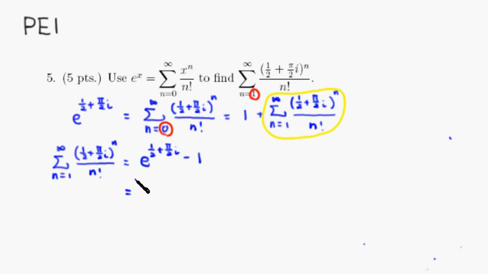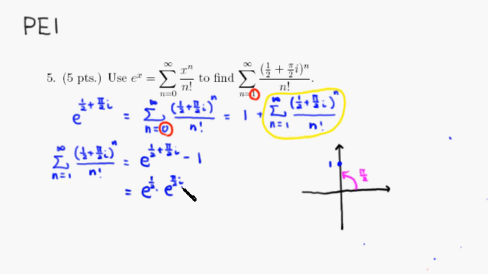This is the same as e to the 1/2 times e to the i pi over 2. If you were to draw a picture, what's e to the i pi over 2? You can see that the angle is pi over 2, so the angle is 90 degrees, and here is 1.